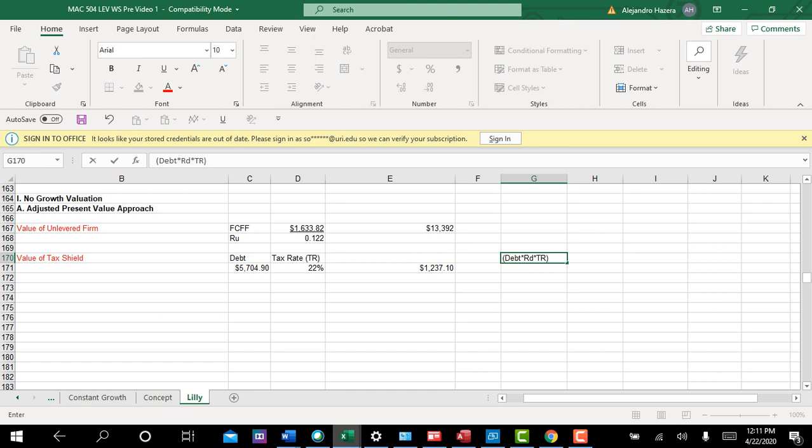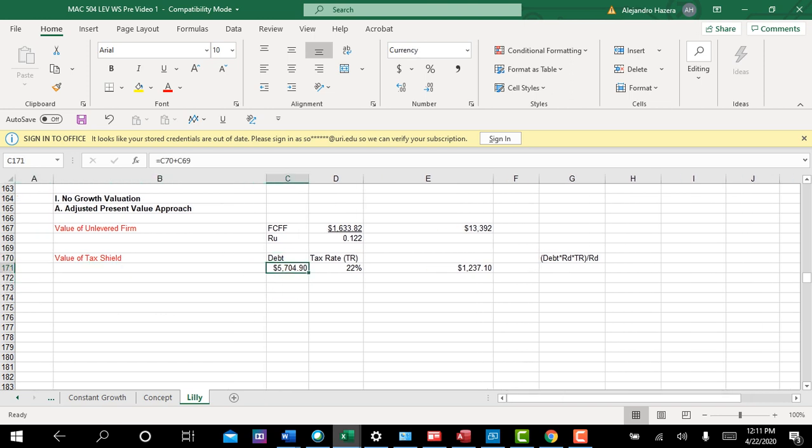Now, if you divide all this by the return on your debt, the return on debt is both in the numerator and the denominator, so those cancel out, and you're just left with debt times tax rate. So given that your return on debt cancels out in that formula, you can just take the debt and multiply times the tax rate to get the value of your tax shield.